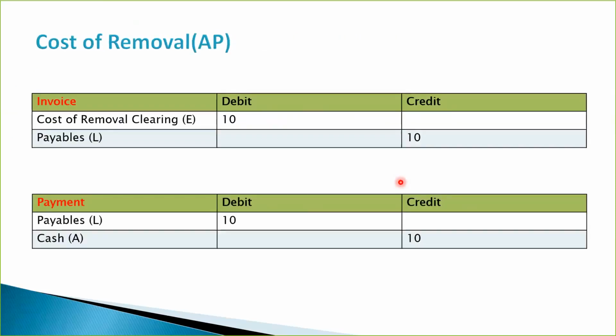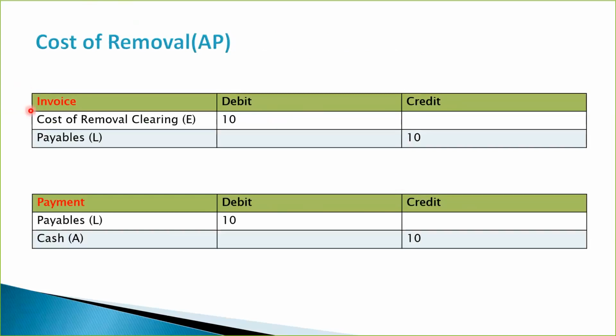So now we can implement this scenario, whereby we are removing an asset with the cost of removal because we have AP, right? So what would we need to do?